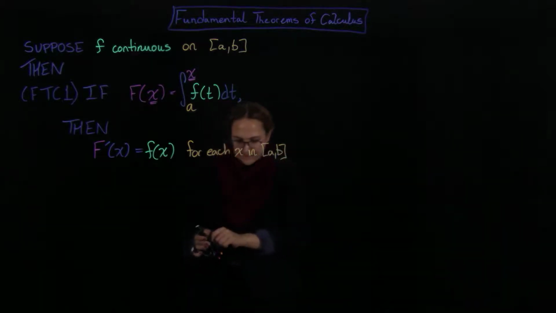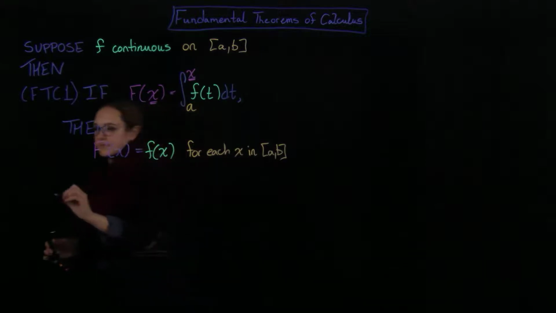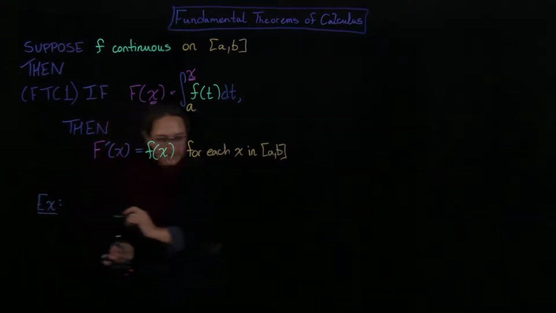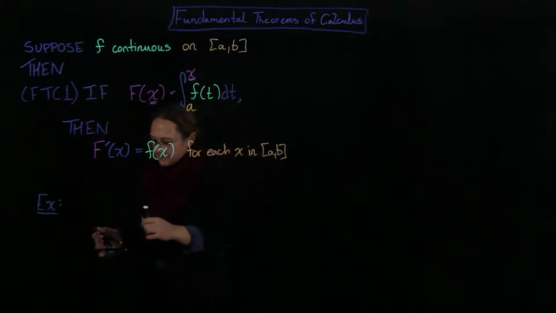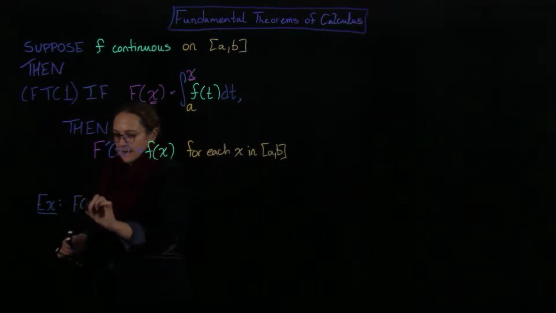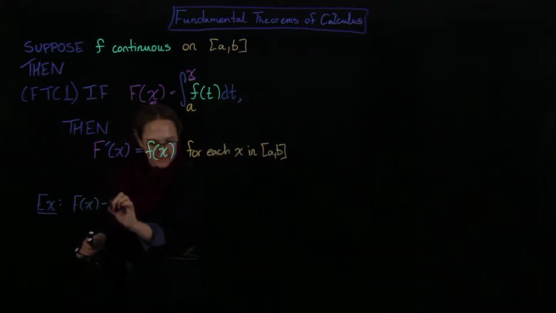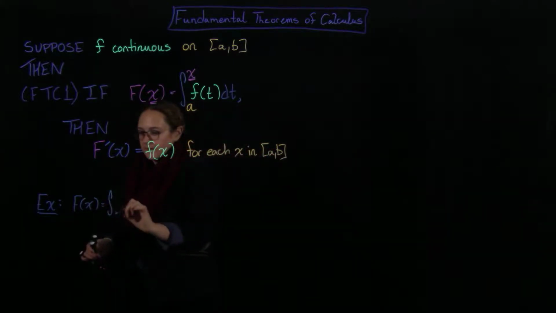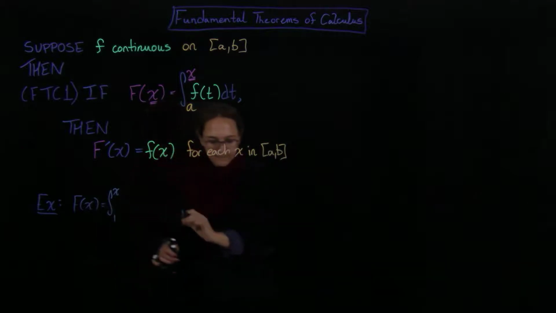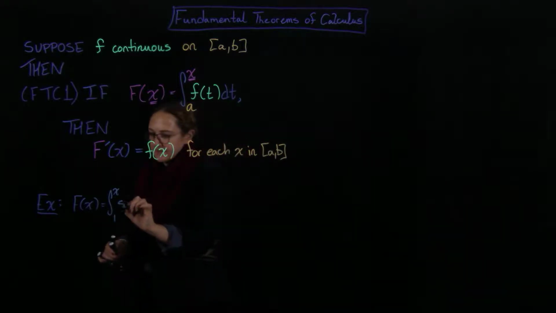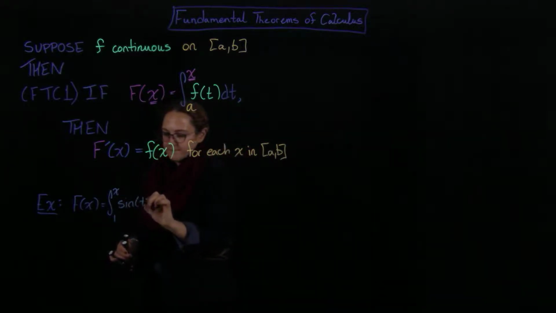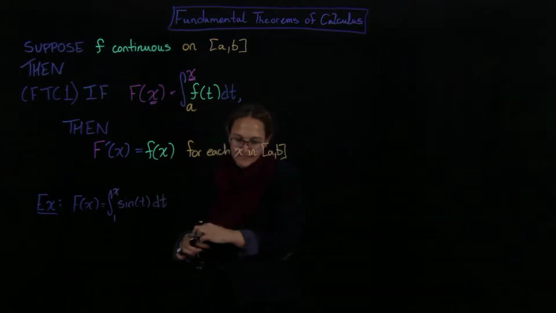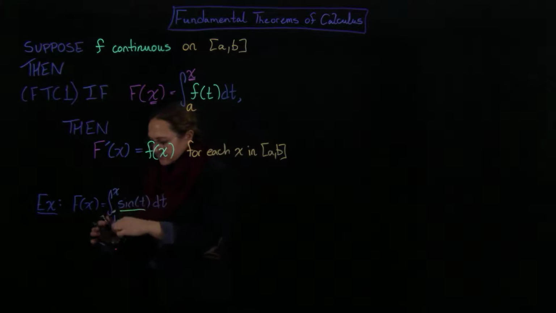So here's an example. Let's take f of x equals the integral from 1 to x of sine of t dt. Okay, so looking at this, this is my green function, and this is my red function.